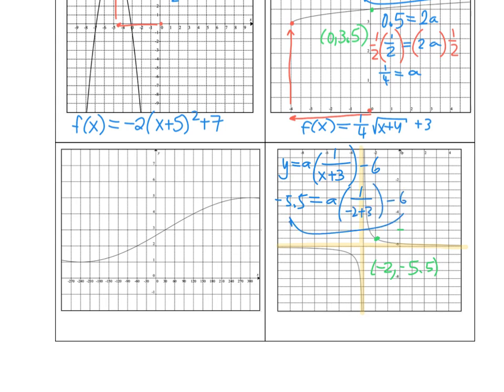I'm going to bring that -6 over, so -5.5 plus 6 is going to be 0.5, which I'm just going to write as a half. And then -2 plus 3 is 1. And 1 over 1 is still 1, so we have our a value right away. There's nothing we have to divide out. So let's put it all together. 1/2 for a, 1 over x plus 3, -6. And that could be your final answer.